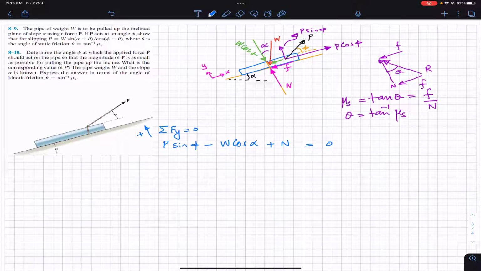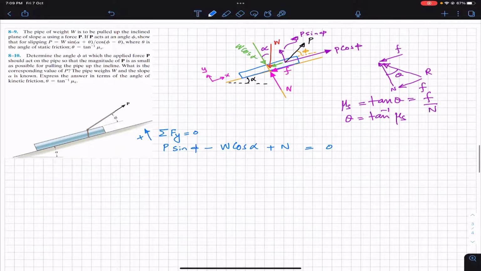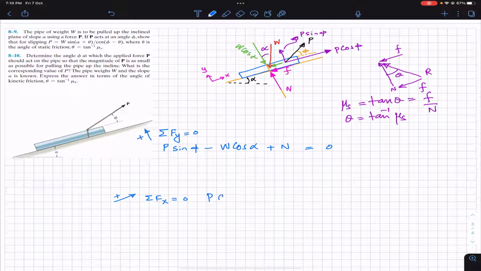Similarly, if we apply the summation of forces along x, that must be equal to 0. The summation of forces along the x-axis is equal to 0, and up the incline is considered as positive. So we have P cos of phi, acting in the positive x, minus the weight component, W sine of alpha, and then we have this friction force, acting in the downward direction, so minus F. This is equal to 0.